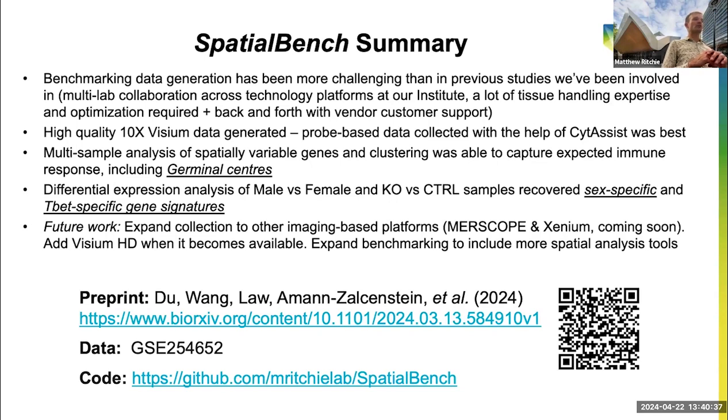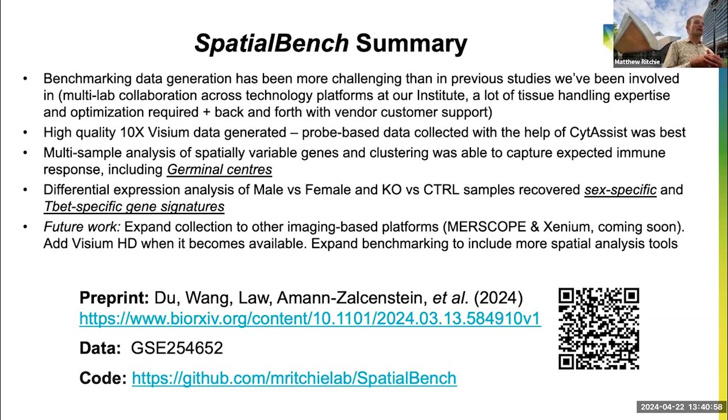Although best laid plans, we hoped to generate data across lots of different platforms, but in the time and budget available to us, we were able to create a fairly deep resource for 10x Visium on mouse spleen. So if immune tissues are your favorite, this might be a useful benchmarking resource.